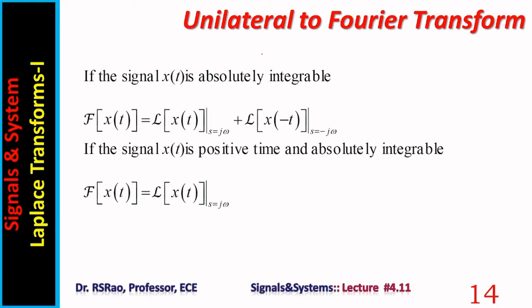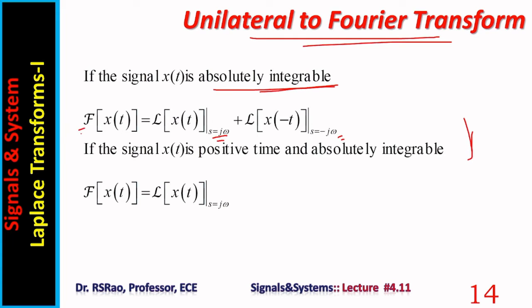Now, in this slide, Laplace transform is connected to Fourier transform. The connecting relation is given here. If the signal x of t is absolutely integrable, Fourier transform of x of t is equal to Laplace transform of x of t with s equal to j omega plus Laplace transform of x of minus t with s equal to minus j omega.